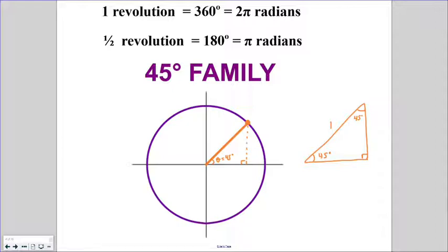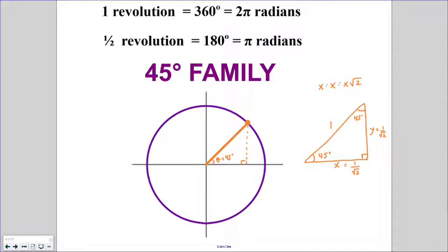And now we can use the properties of special right triangles from geometry in order to figure out what the x and the y coordinates are to get us to that ordered pair. So remember that the relationship between the sides of a 45-45-90 triangle are x, x, x root 2. So starting with the hypotenuse going backwards, we're just going to be dividing the hypotenuse by the square root of 2. And then we'll always make sure that we rationalize, because we never want to leave a radical in the denominator.